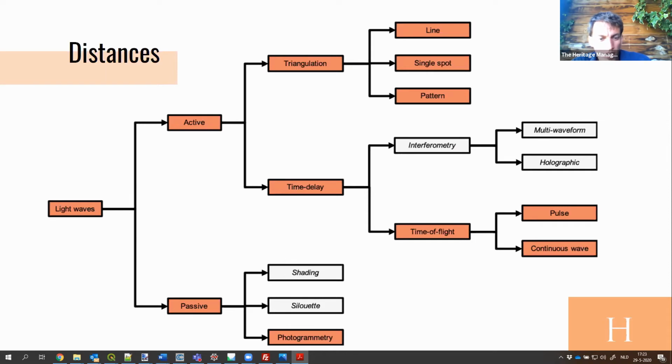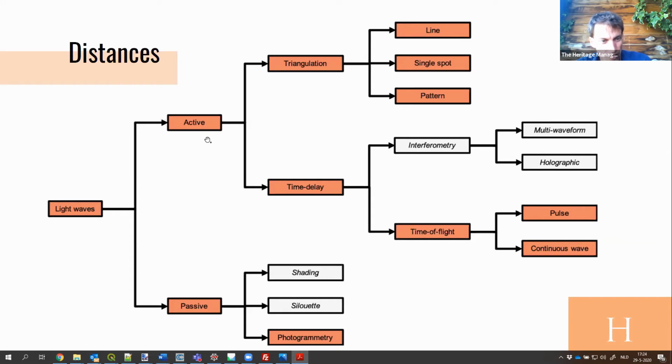It's actually a combination of what we already saw. We have light, environmental light, or just the electromagnetic spectrum of signals. And derived from that, we have passive data acquisition techniques. One of these is photogrammetry, which we discussed in the previous session.